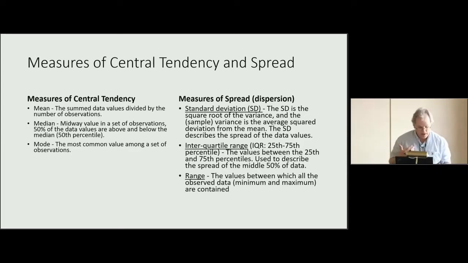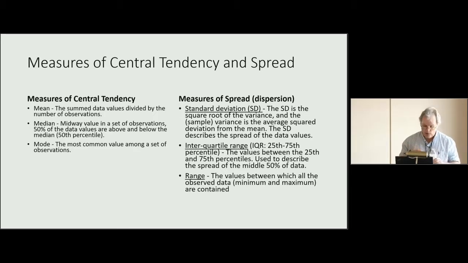So measures of central tendency include the mean, and I believe everybody knows what the mean is. The median, this is the 50th percentile, and the mode, the most common value. Measures of spread include the standard deviation, the interquartile range, which is the values between the 25th and 75th percentile.